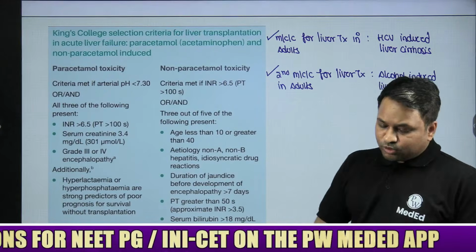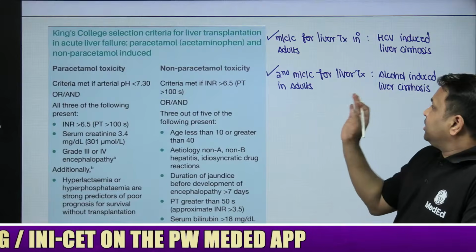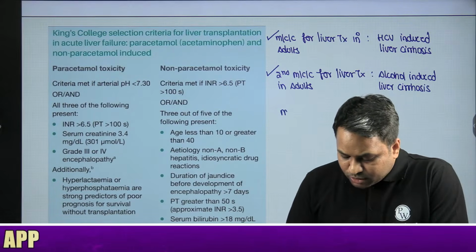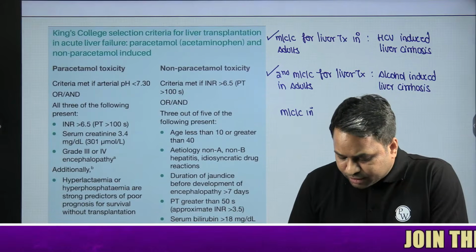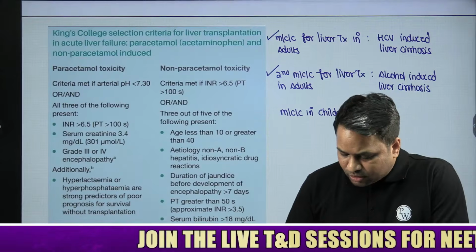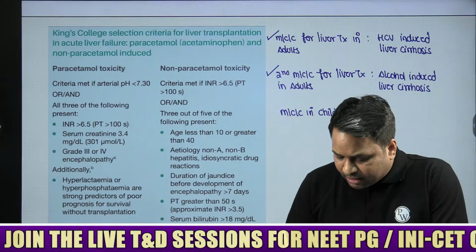Now, the second most common cause for liver transplantation in adults is going to be your alcohol-induced liver cirrhosis. The most common cause in children is because of extrahepatic biliary atresia.